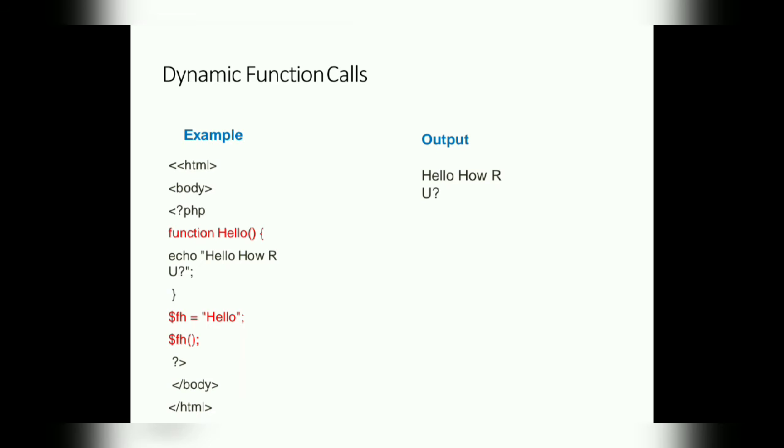Now this $fh is defined with the function name, because I have defined the function name as function hello, and here I am defining a $fh variable with the name of that function. So what is the name of the function I have defined here? That is nothing but hello, and the variable fh is holding the name of the function.